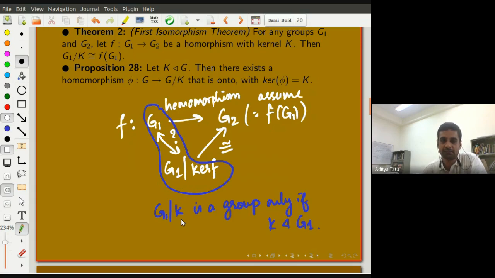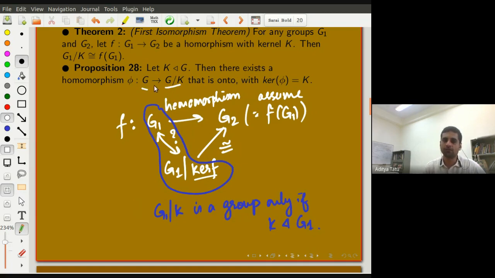So please remember, normal subgroups are important. If you want to have a quotient group, then the subgroup you are considering must be a normal subgroup. The kernel of a homomorphism is one example, but proposition 28 is slightly more general. It says that if I pick any normal subgroup K in G, then there exists a homomorphism phi between the original group G and the quotient group.